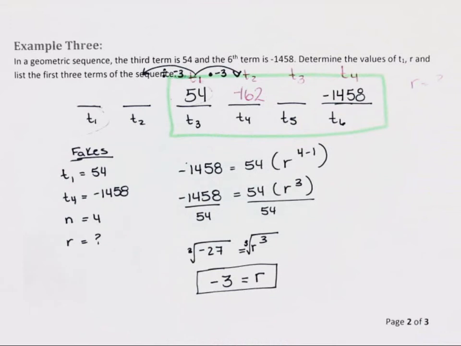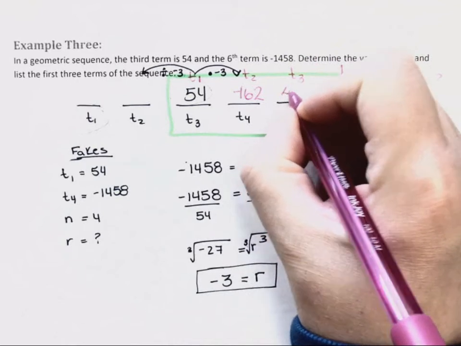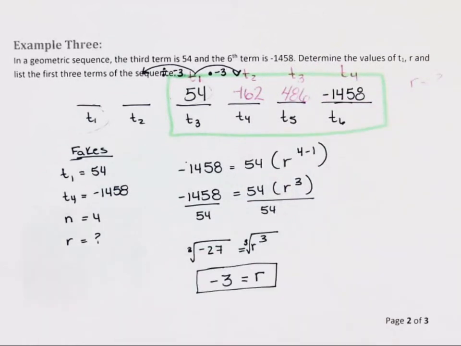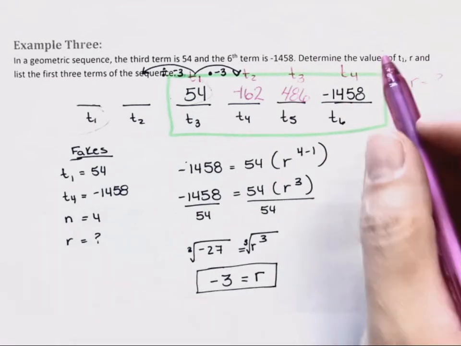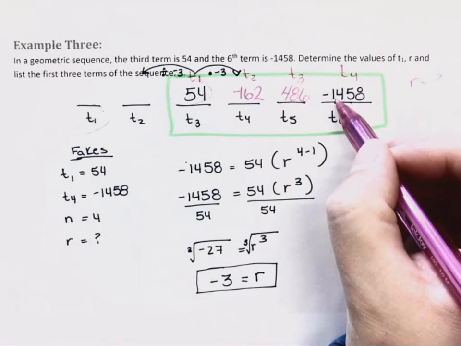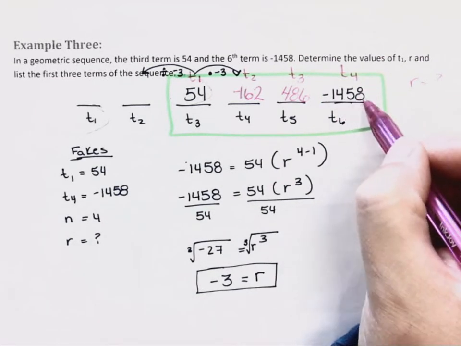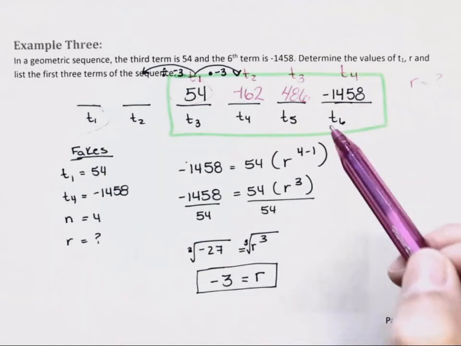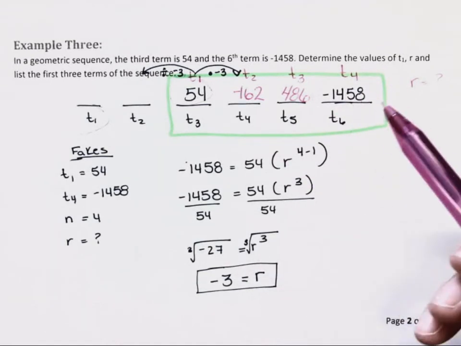Then I'm going to times -162 by the -3, and that's going to give me 486. And if I times that by the -3, I do actually get -1,458, the correct answer there. So I know my R is right, so that's how I'm going to check it.